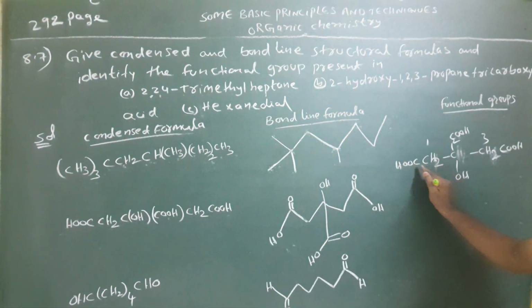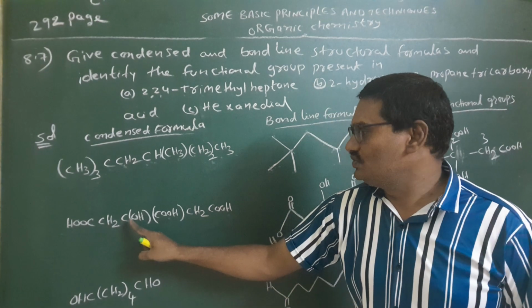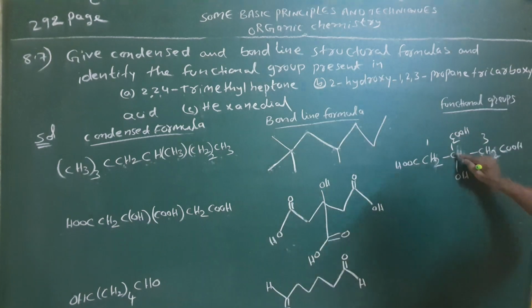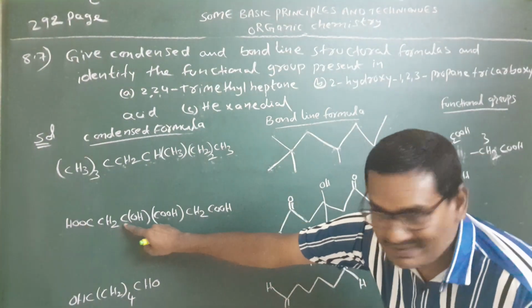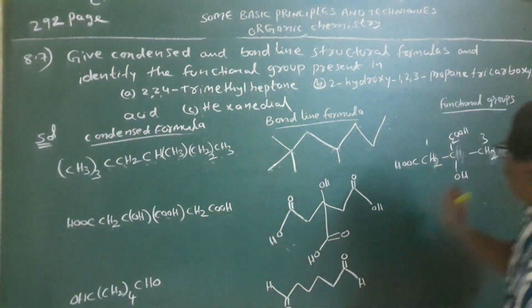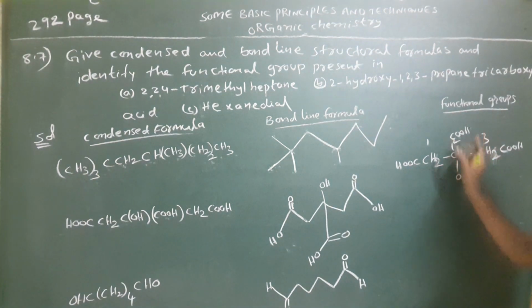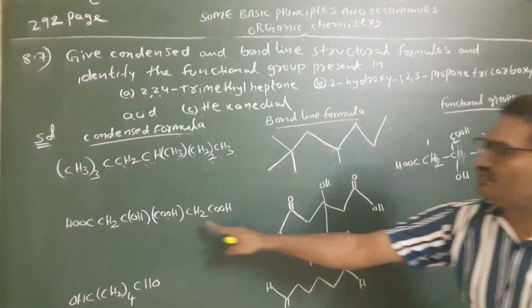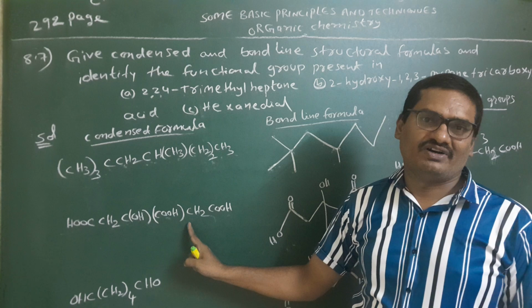Again COOH, CH2, C(OH)COOH, this carbon similar, then CH2, COOH. It is the condensed formula.